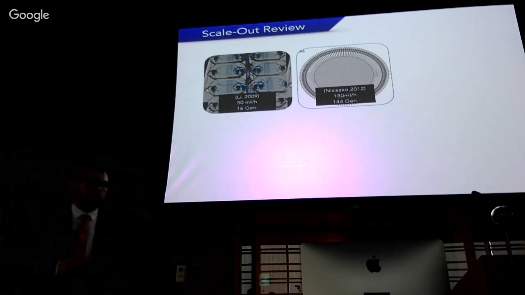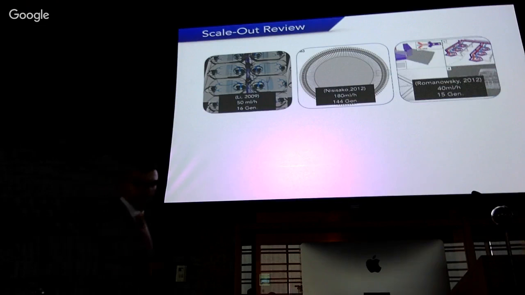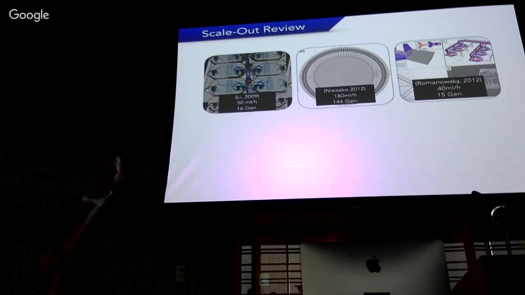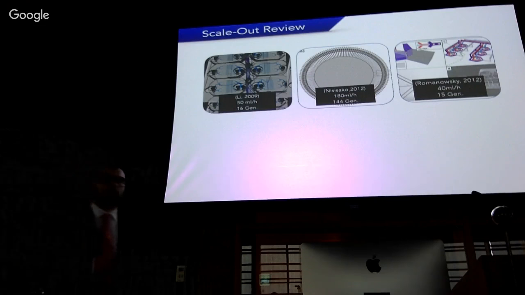Then Nishizaku was the first one to parallelize over hundreds of generators. Then we have Romanowski in 2012, and he was the first one to create 3D structures, but he only parallelized like 15 generators because of problems with alignment.